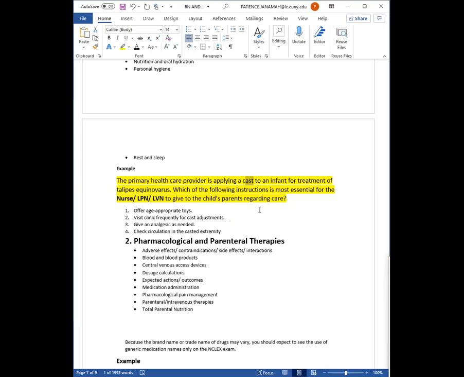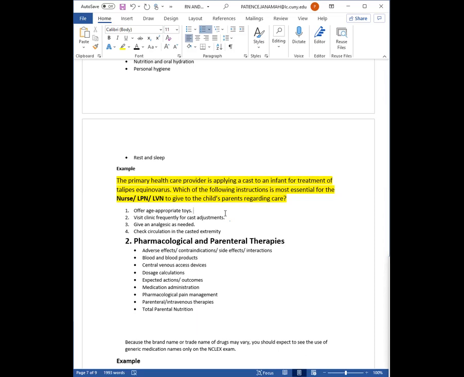Of the leg, around the foot area? But does it have an effect on the fact that the child has a cast? The child is supposed to be an infant. They're only telling you this was the reason why they put the cast on. But the concern now is how you would teach the parents to take care of the child.